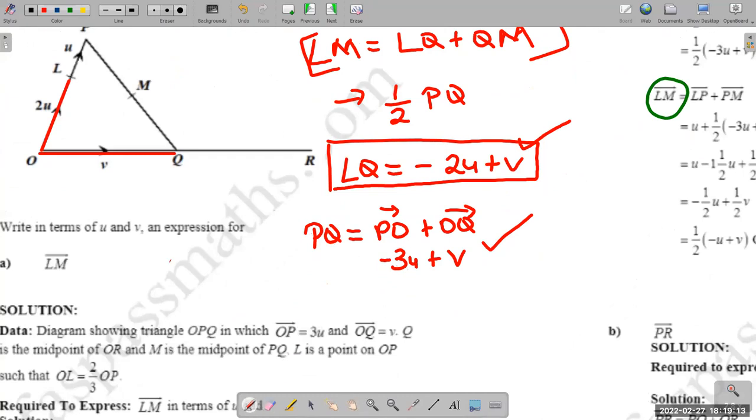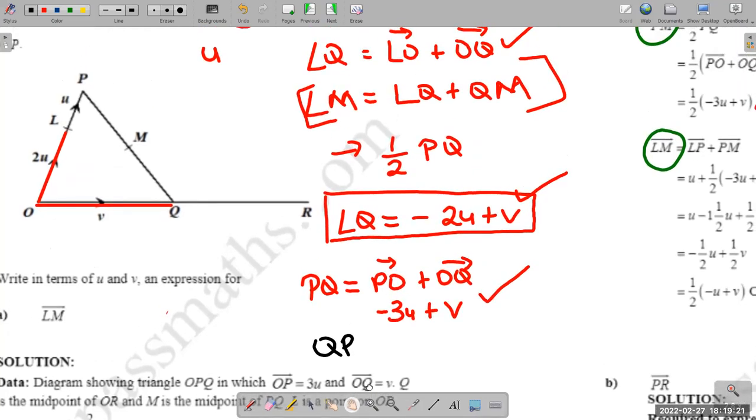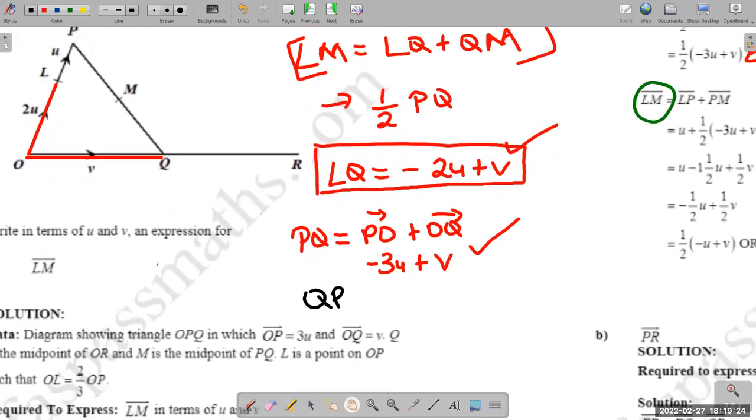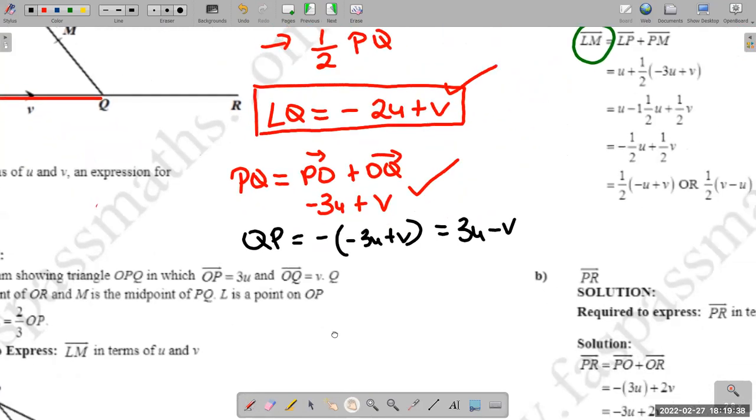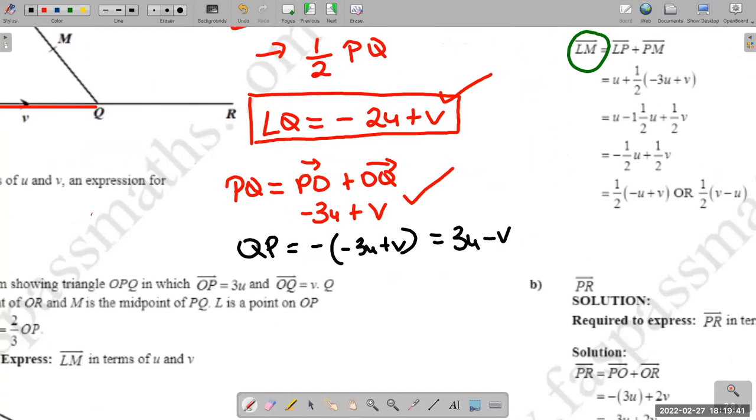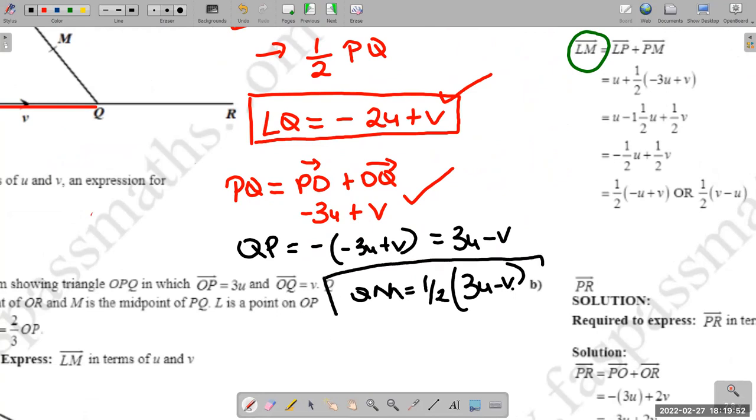So since this is PQ, QP would be the opposite of that, which would be this times this. What does that become? 3U minus V. Everybody see that? So QM would be half of that, so a half of 3U minus V. So now we have everything we need to create our formula.